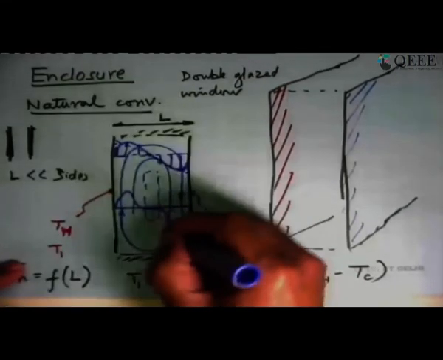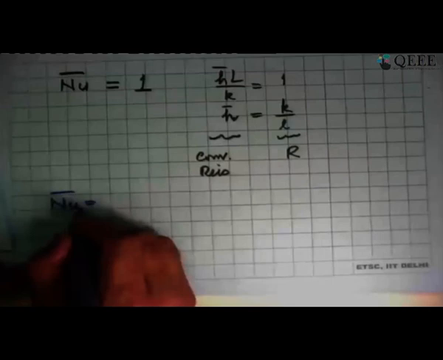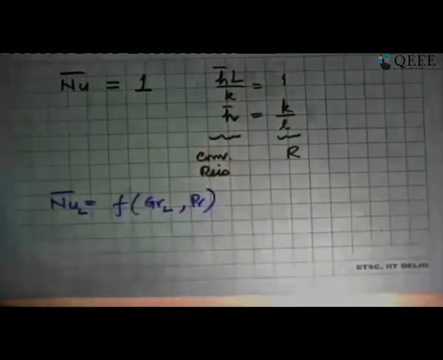So this wall ends up setting up these circulation currents, and they will then increase the Nusselt number. In each of these regimes, you have different equations for the average Nusselt number based on the spacing, as a function of the Grashof number based on spacing and the Prandtl number of the fluid.